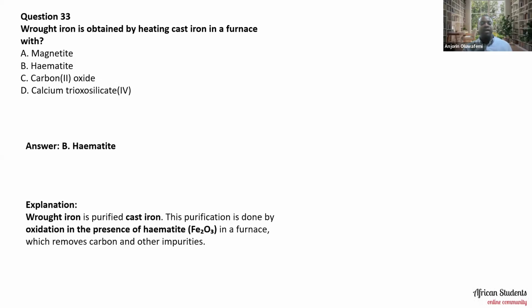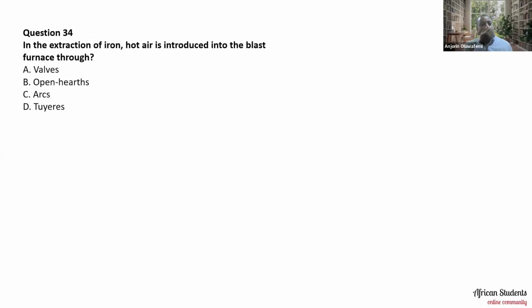Wrought iron is purified cast iron. This purification is done by oxidation in the presence of hematite, that's Fe2O3, in a furnace which removes carbon and other impurities. Okay. So in the extraction of iron, hot air is introduced into the blast furnace through valves, open heads, arcs, or tuyères?